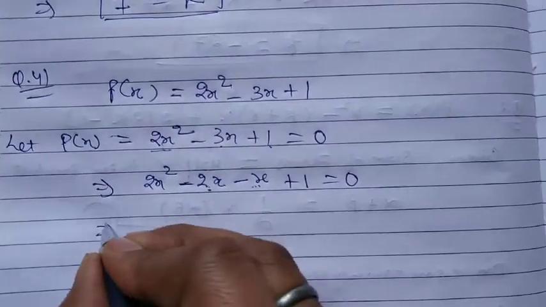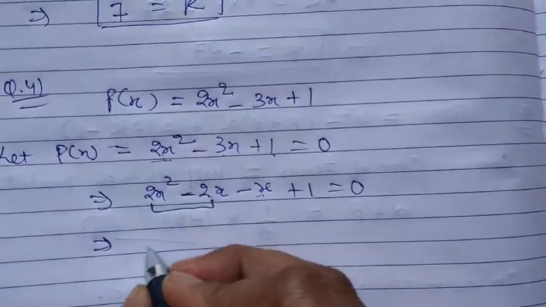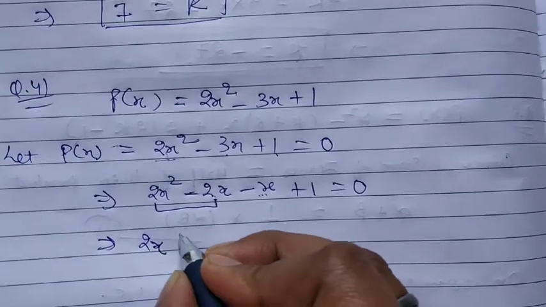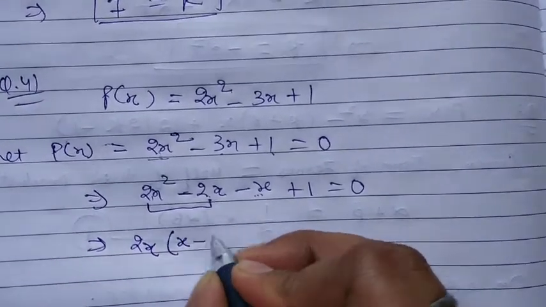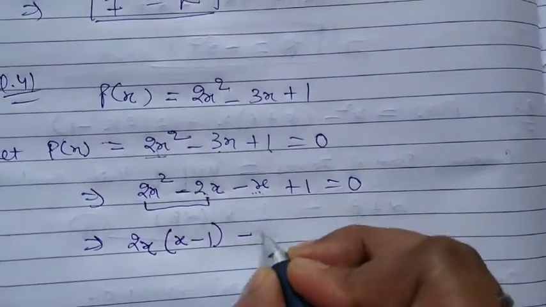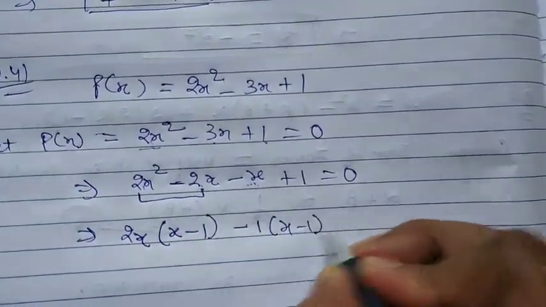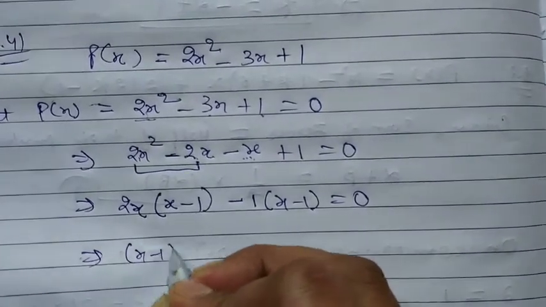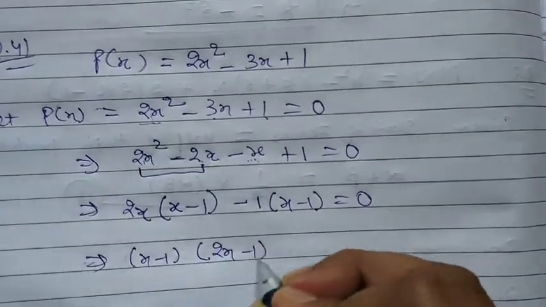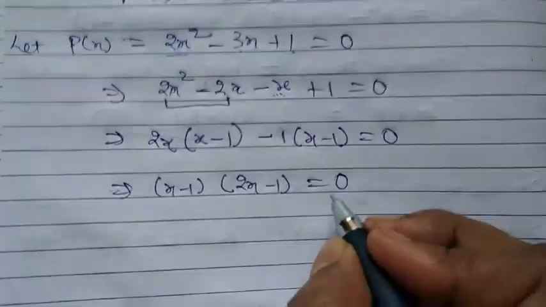Okay, so in the first two terms the common factors are 2 and x. So on taking 2x common, here we will be left with x minus 1, and on taking minus 1 common here, we will get this. Now on taking x minus 1 common, we will have the expression (x minus 1)(2x minus 1) equals 0.